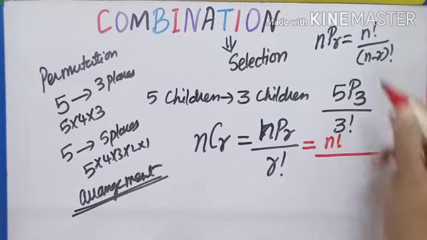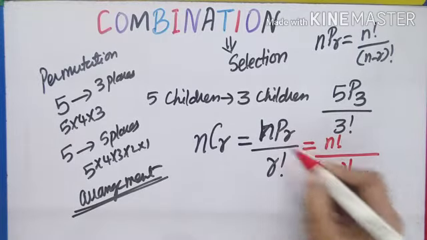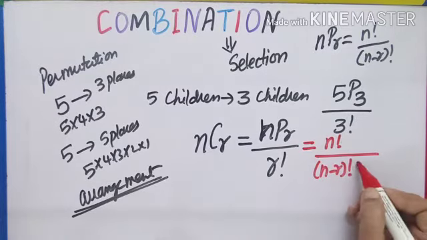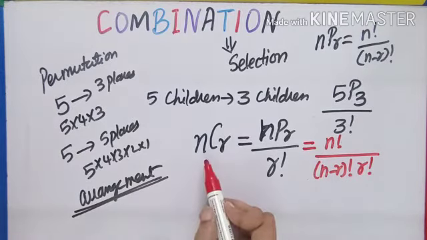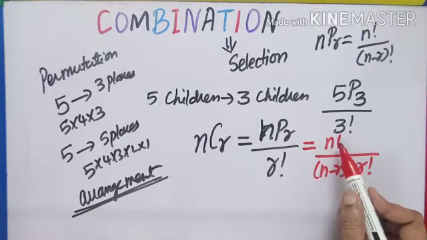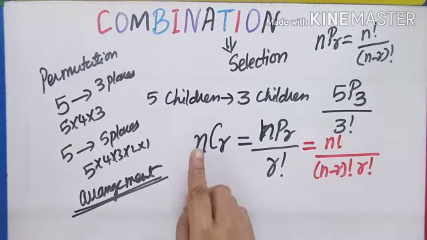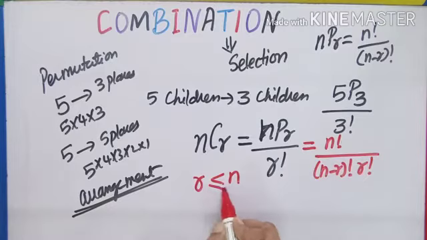N factorial by N minus R factorial, this is NPR which I have written, along with that, there is R factorial in the denominator. So what is the NCR formula? N factorial by N minus R factorial into R factorial. Always remember, R should be below N or equal to N.